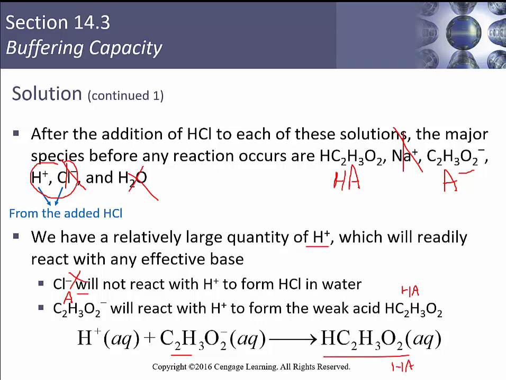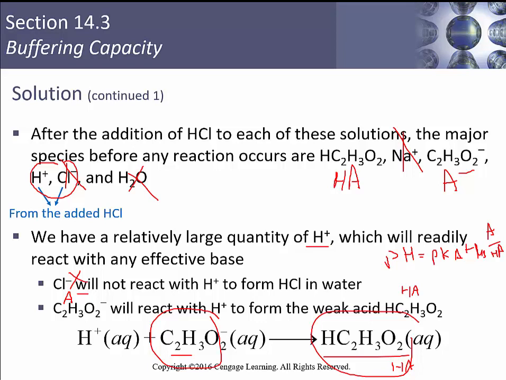Right? How much we form of our weak acid, and how much we lose of our weak base, is going to affect that pH, because remember our pH is going to be pKa plus the log of A- over HA.